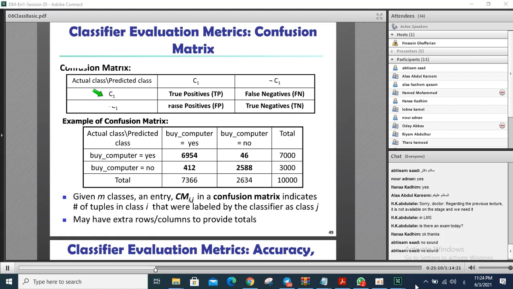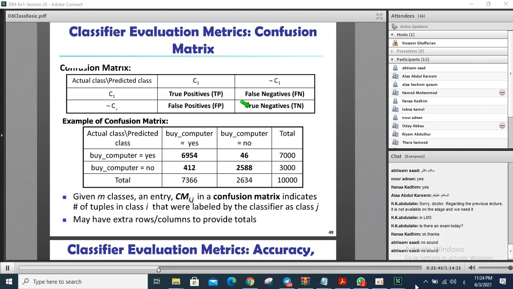In false negative, I'm predicting the class label is not C1, but in reality, it is C1.